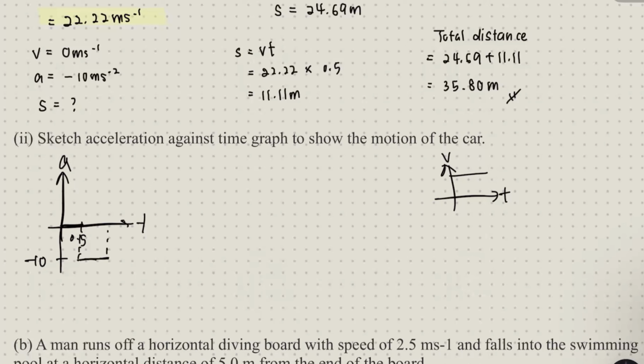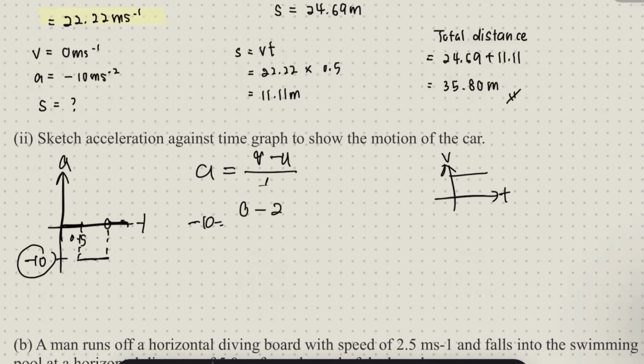But to complete our graph, we need to account for the time here, for which I use the formula a equals v minus u over t. So a will be -10, which we get from here. v is equal to 0 because the car will stop and the initial velocity will be 22.22. So this is over the time that we need. As we calculate, we will take t here and just swap these two positions.